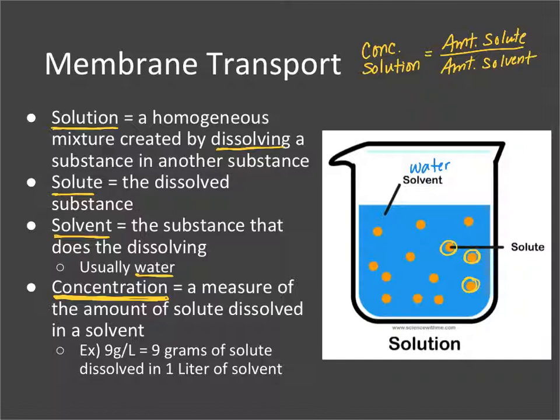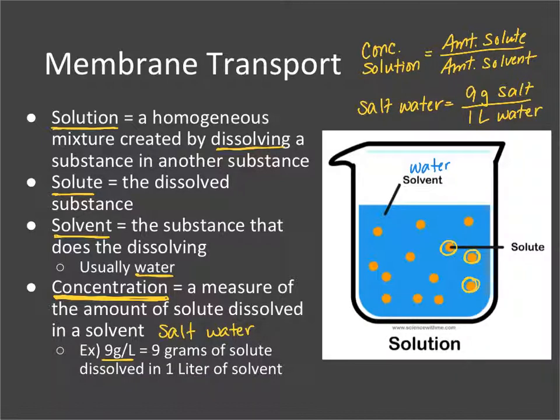So the example I have down here is, let's say we can make this like salt water here. So if salt water has a concentration of 9 grams per liter, that means that our salt water has 9 grams of salt, which is our solute, for each liter of water.